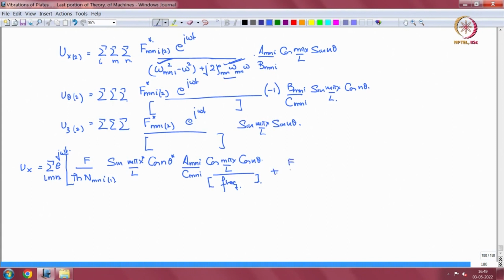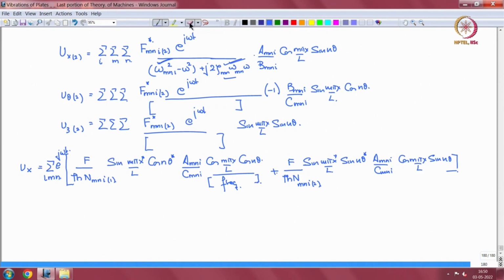Then plus f, the second set, f by rho h N m n I second set, sin m pi x star over L, sin n theta star, into A m n I by C m n I, cos m pi x by L sin n theta.